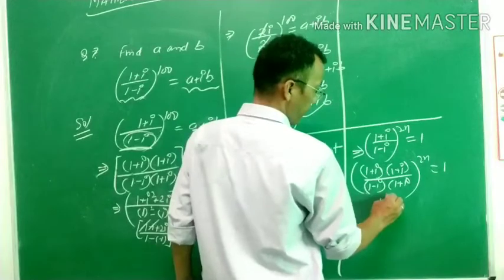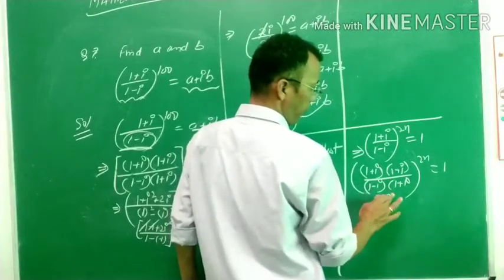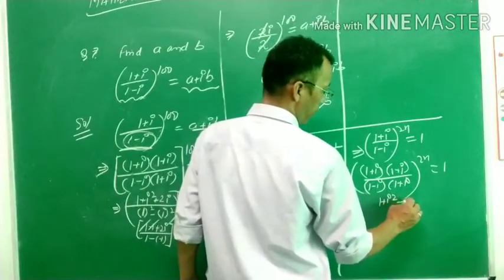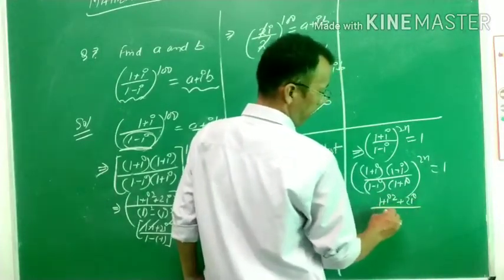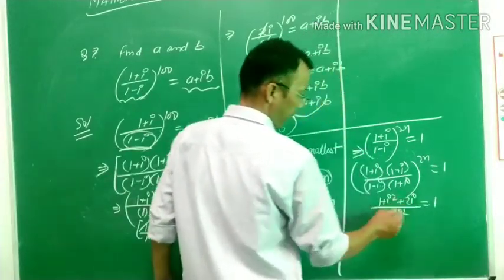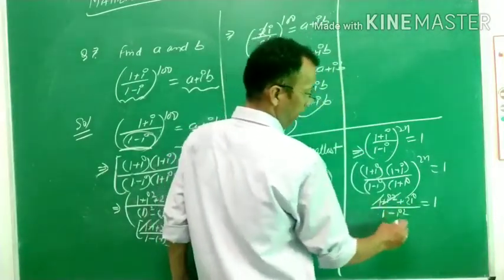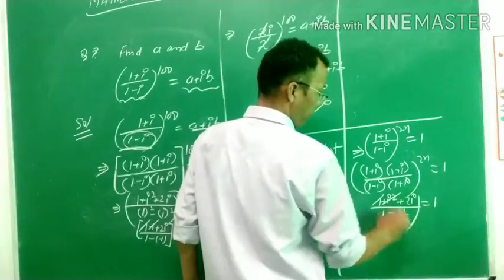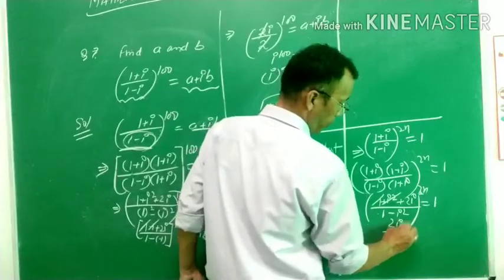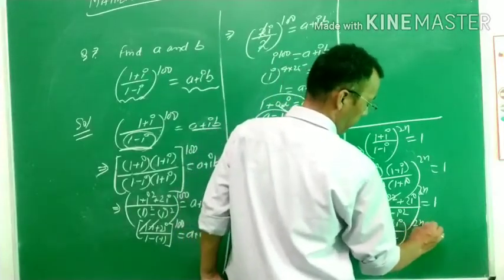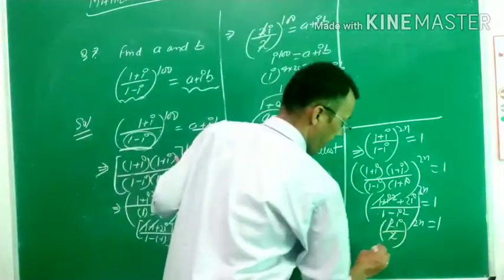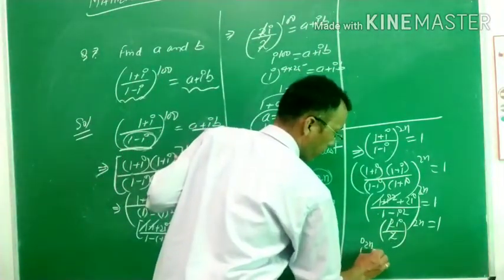This is (1 + i) squared, which is 1 squared plus i squared plus 2i, divided by 1 minus i squared, equal to 1. Again the same thing cancels out, and this is (2i) whole power 2n, so (2i/2)^(2n) = 1. Now the 2 cancels out, so i^(2n) = 1.